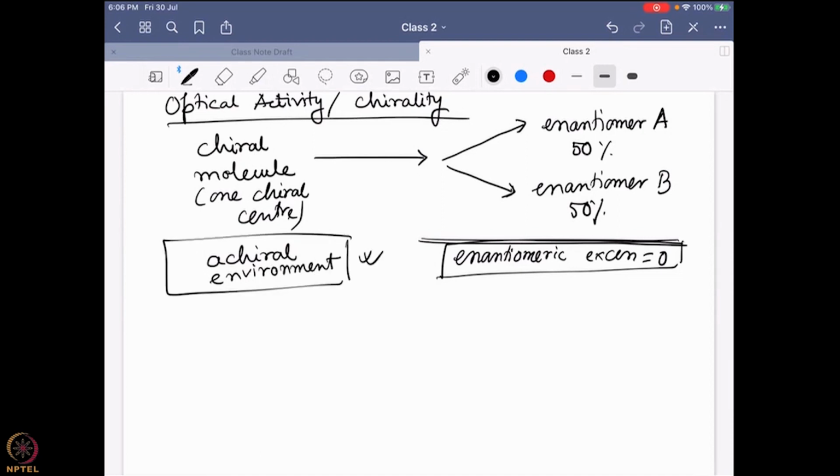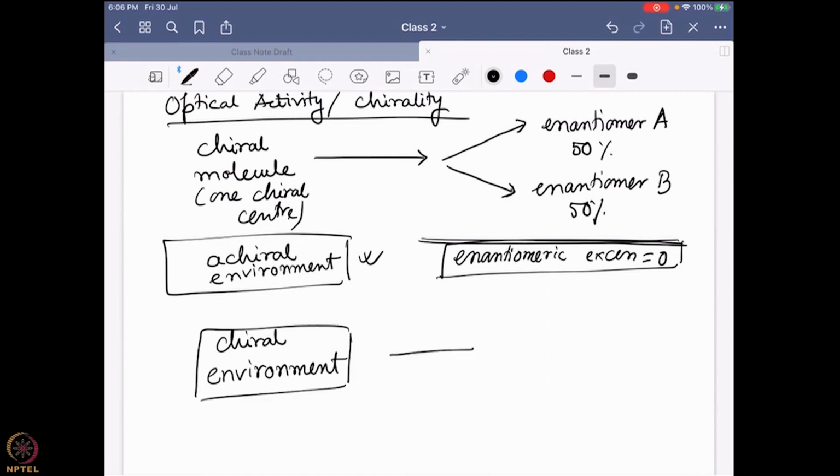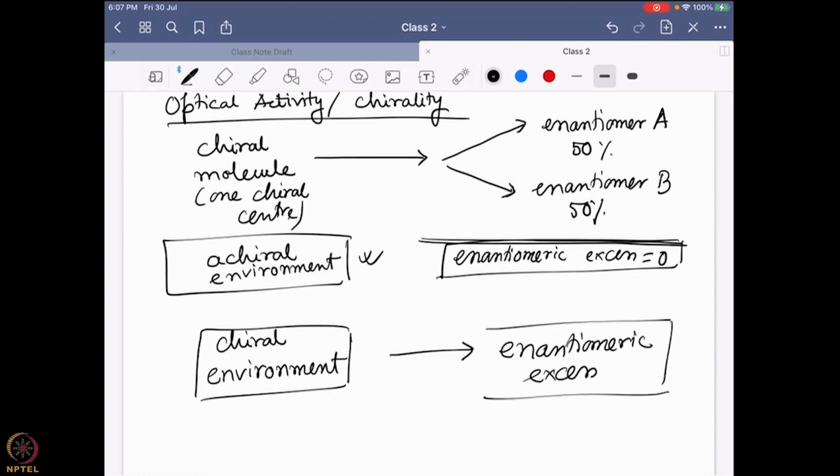Right? And when can I get an enantiomeric excess? When I am using a chiral environment. If I use a chiral environment, then only can I expect some enantiomeric excess. I hope everybody agrees with me. This is like 101 of chiral synthetic chemistry in the organic section. And the facts remain the same even in inorganic chemistry. So if you want to have an enantiomeric excess, one particular enantiomer more than the other, you have to use a chiral environment. Otherwise, you cannot have it.